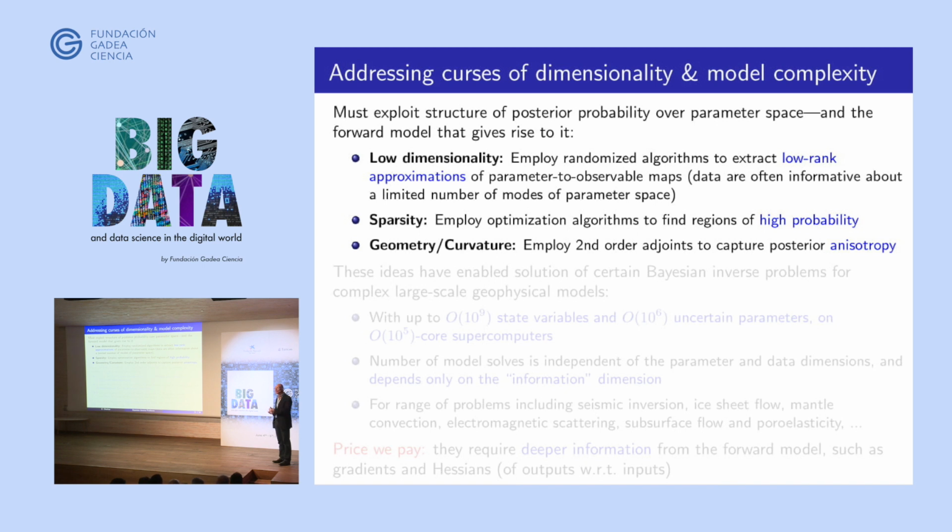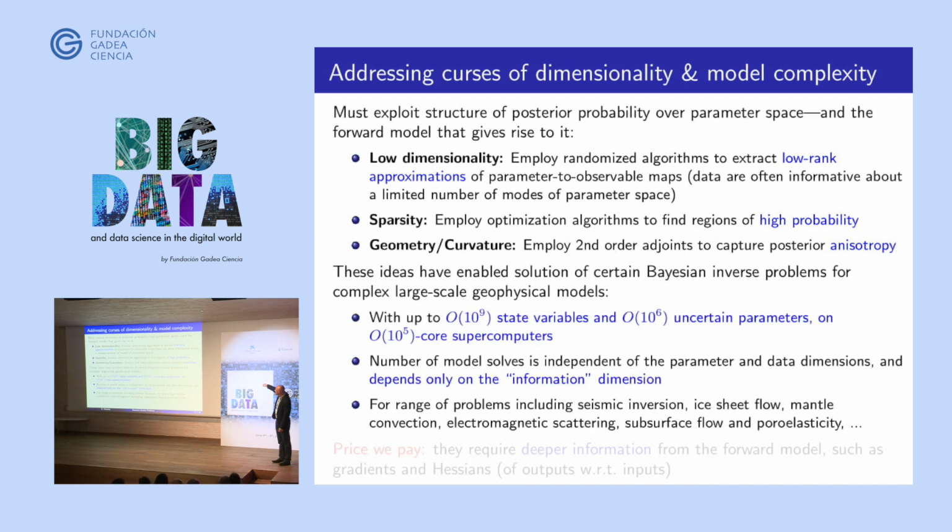And each Hessian action amounts to one linearized forward and one adjoint solution. The idea is that there are only a few of these to be done, and so we can effectively use second-order information to help us move in parameter space and understand the anisotropy of the posterior. I'll have a picture to illustrate that.